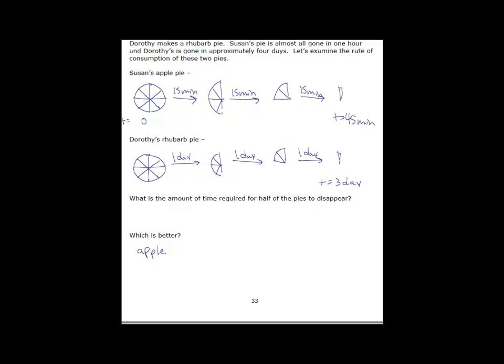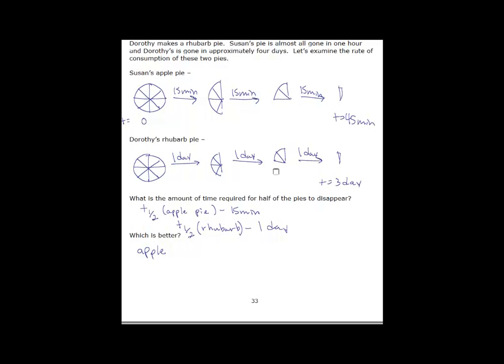So what is the amount of time required for half of the pies to disappear? So the half-life is another way for the apple pie. The amount of time it takes for half of the pie to disappear is 15 minutes. The half-life for rhubarb pie is 1 day.